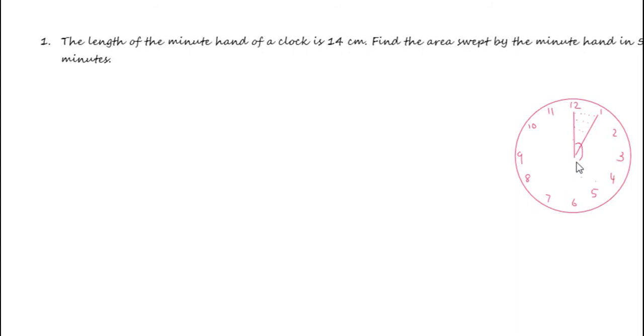Total angle here when the minute hand moves through 60 minutes is 360 degree. Therefore, angle of rotation per minute: total angle is 360, total minutes 60 for one full revolution, so this is 6 degree.